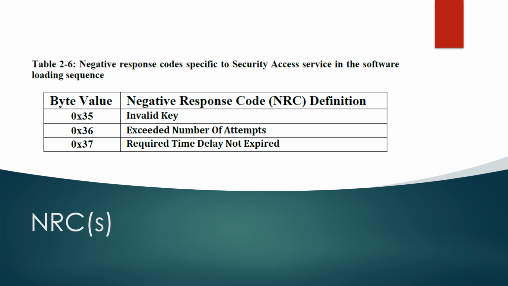If you retry to unlock the ECU during this time, you will get this error because you are not allowed to try again until the time expires. If you try after this time with a valid key, you will be able to unlock. But if you do not try with a valid key, then again you will get 35.